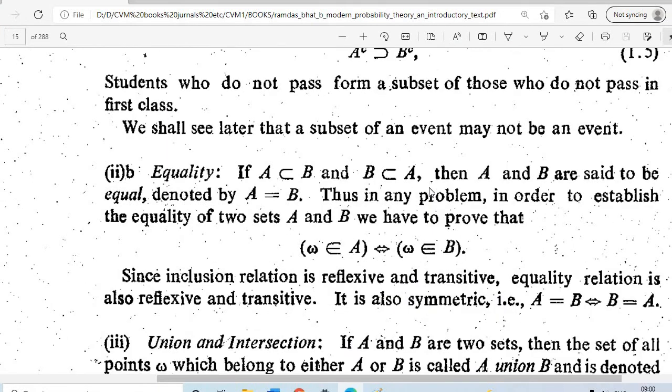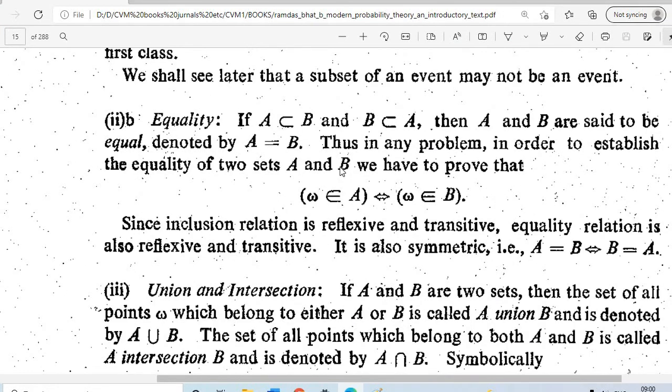Now equality. The next condition is equality. That is, if A is a subset of B and B is a subset of A, then A and B are said to be equal.